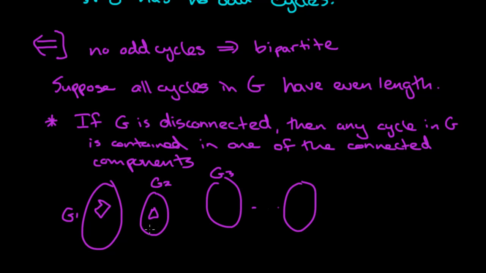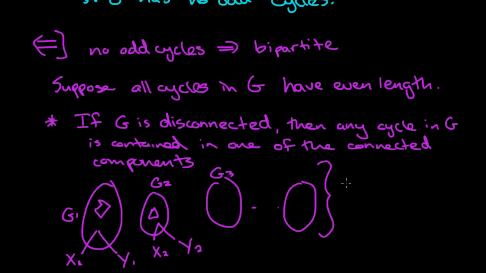And so then what you would have to do is show that if each one of these is in fact bipartite, so you can split this into x1 and y1, and you can split these vertices into x2 and y2, so you show this is bipartite, you show this is bipartite, and you keep doing that.